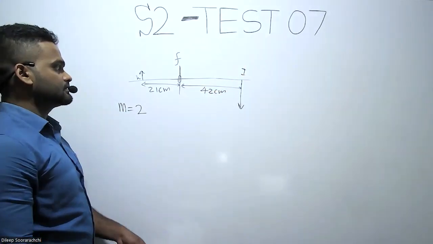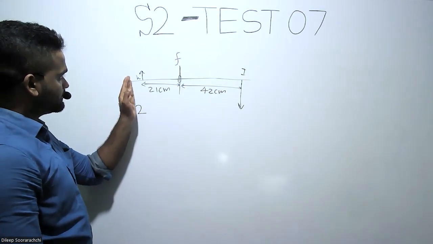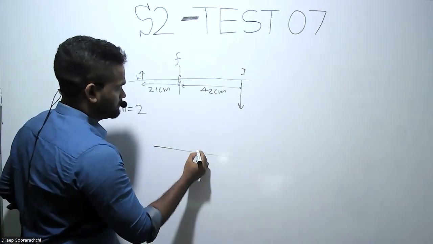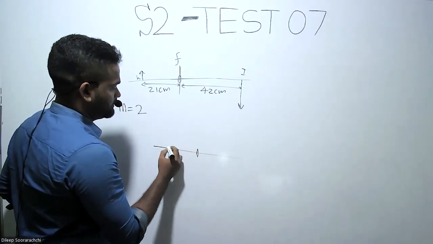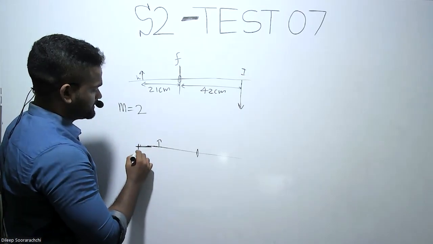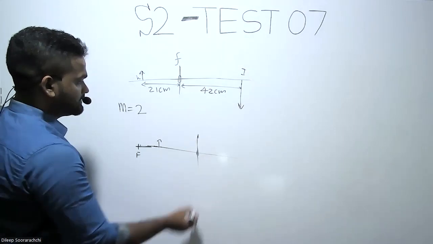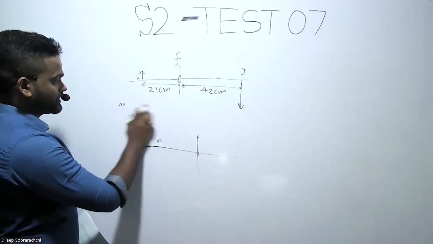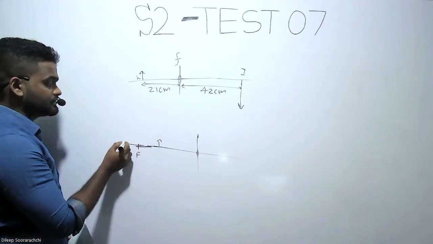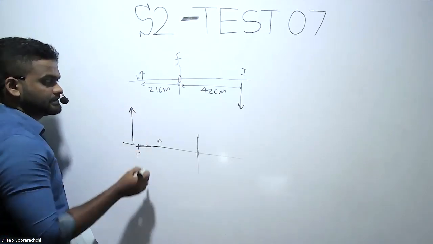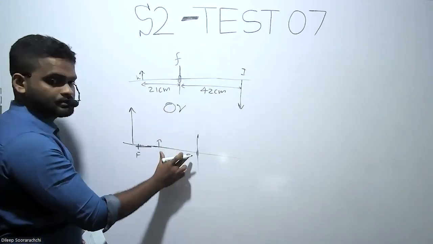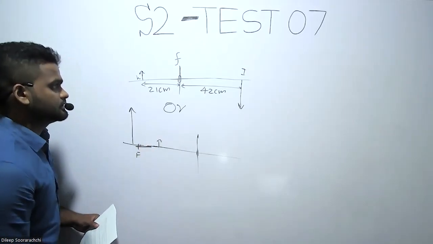The other case is, let's say we don't know the focus, if the focus is somewhere here, a convex lens can create an enlarged virtual image at the back, like this. So those are the 2 cases, this one or this one. Both can happen, so both are correct.